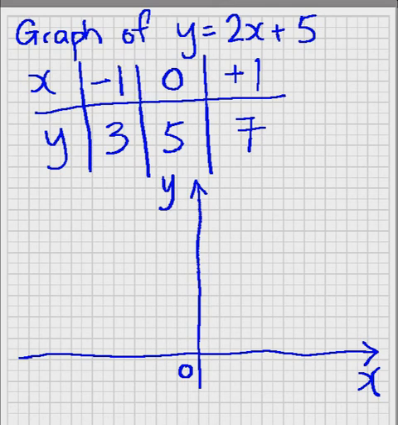So x equals -1, 0, and 1. We have 3 points that we have to plot. Let's make this -1 over here, and x equals 1 over here. So this is your x-axis, with x equals -1 and x equals 1. The next thing is we're going to plot the y points. The first point, we remember when x is 0, y is 5.